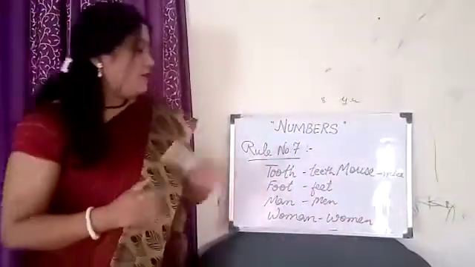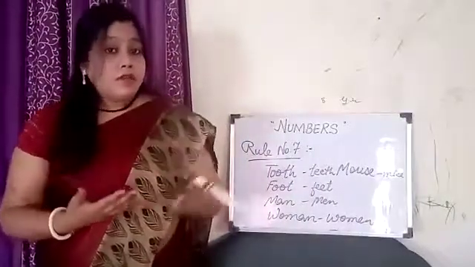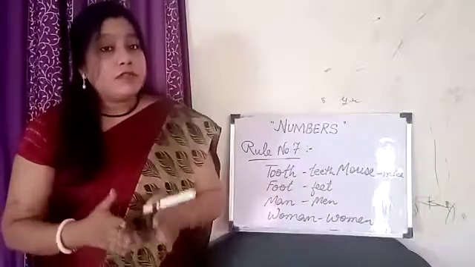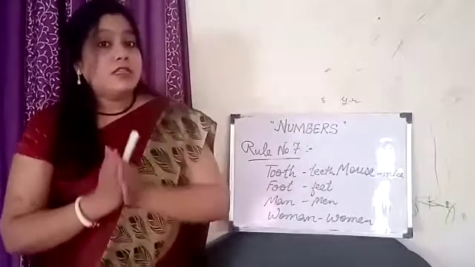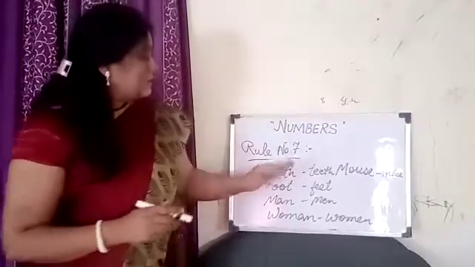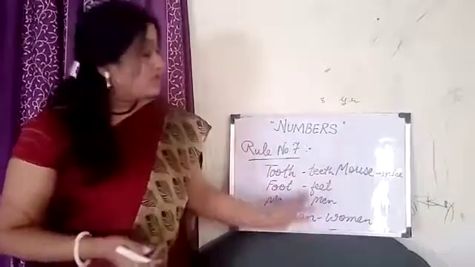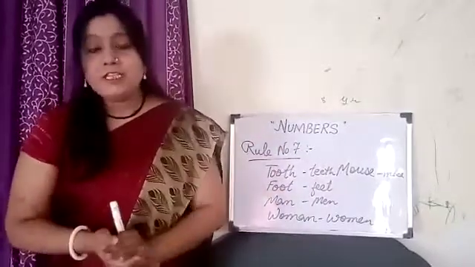So these are the nouns in which, when the vowels are changed, the number of the noun changes. Just by changing the inside vowel, we can change the number of these nouns. So this is rule number 7, correct?